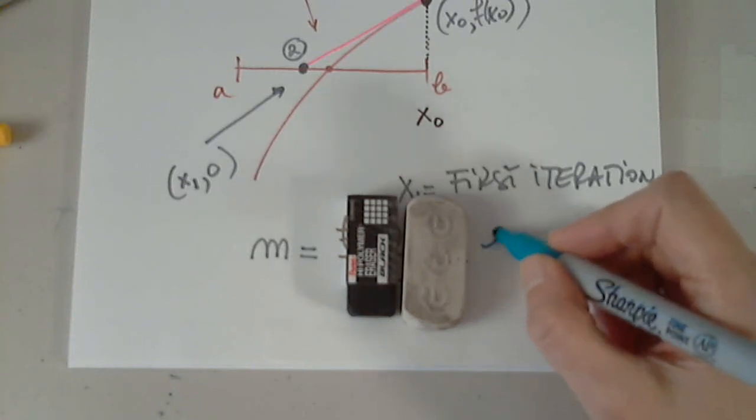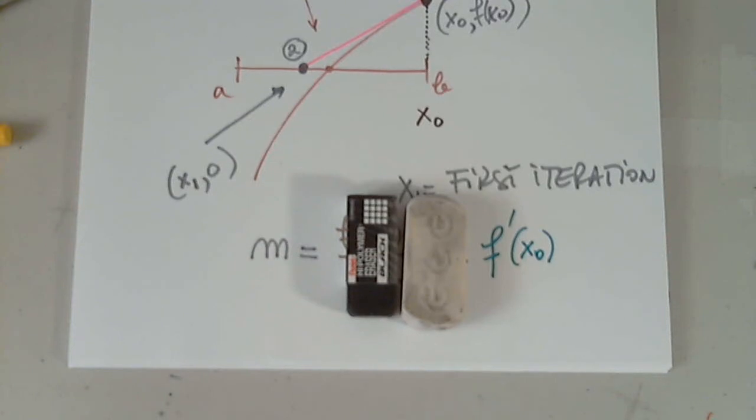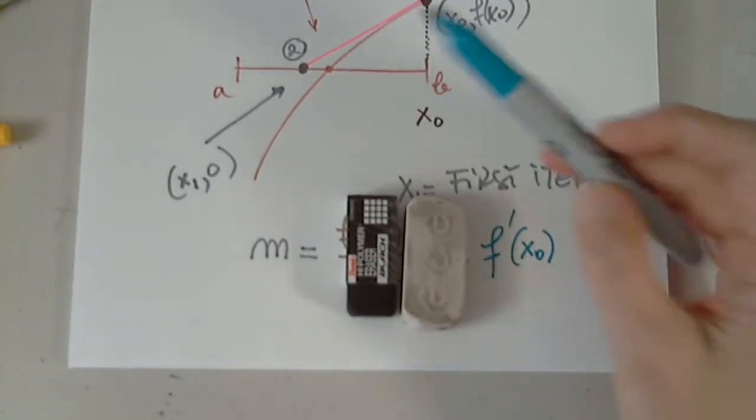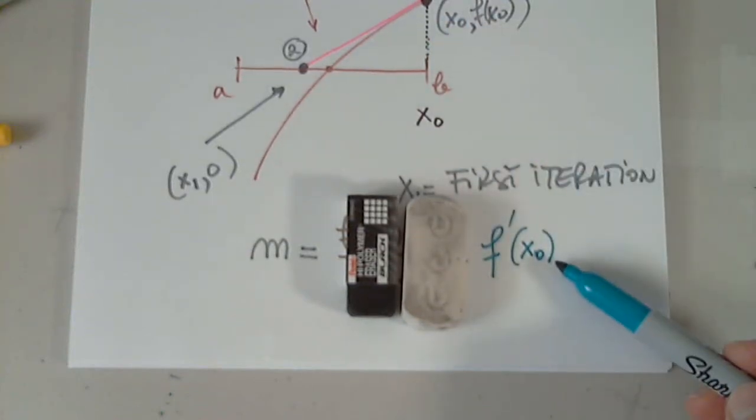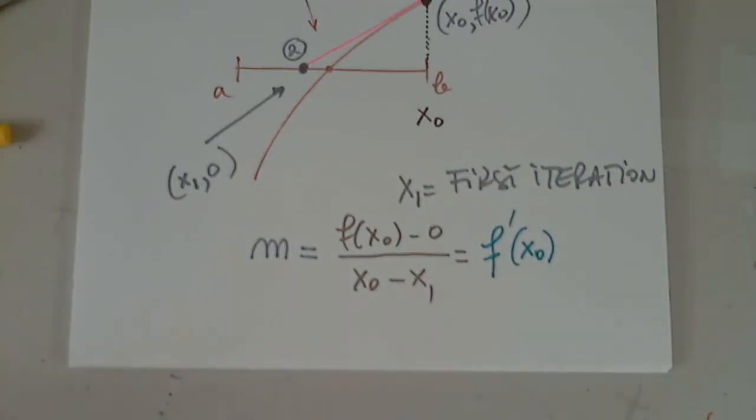I really hope that this is very clear. I'm really hoping that by now, in 2 months, it is clear why the slope of this line is f prime of x0. So that's my hope. Any questions on this?